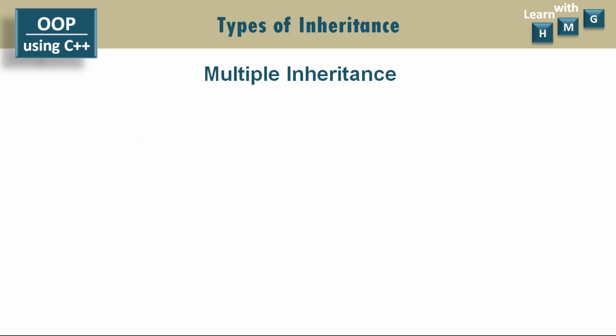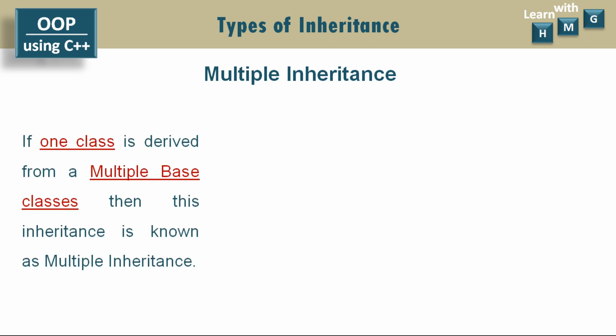So this is the example, or you can say the diagram, of inheritance, which explains the concept of inheritance. The second type is multiple inheritance. What is multiple inheritance? Multiple is many. There are multiple base classes. In single inheritance there was a single base class. Now in the second type, instead of a single base class there are multiple base classes, and from these multiple base classes one class is derived.